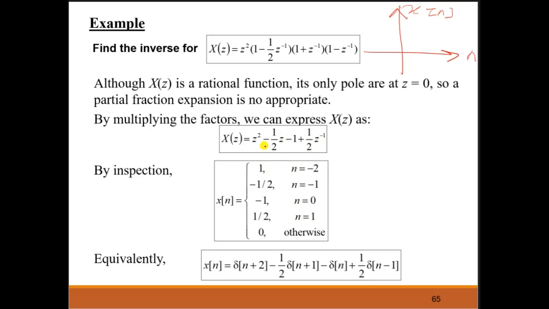So this is the coefficient in front of z. Okay, you list them. So this can also be written as x[n] equals 1, negative 1/2, negative 1, 1/2, with n being negative 2, negative 1, 0 and 1.